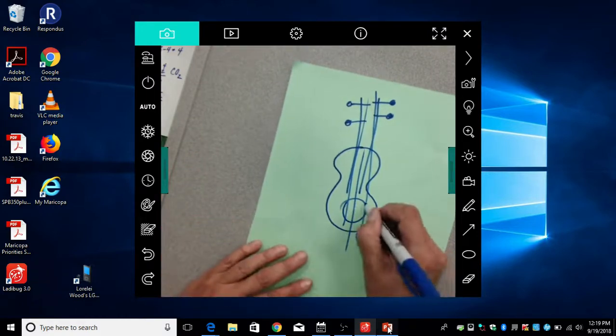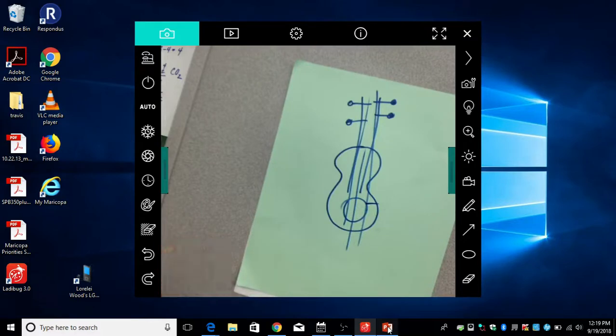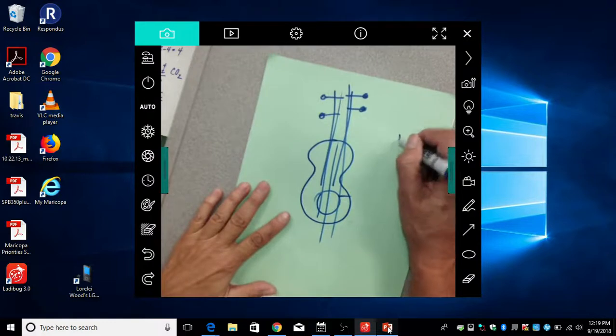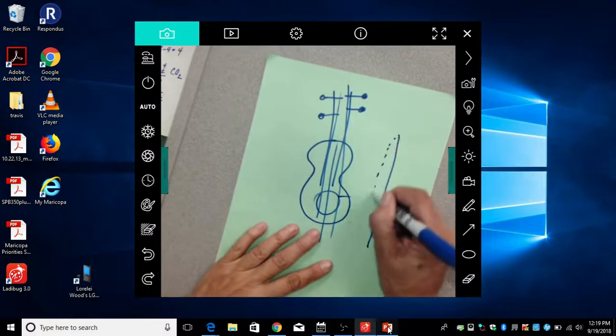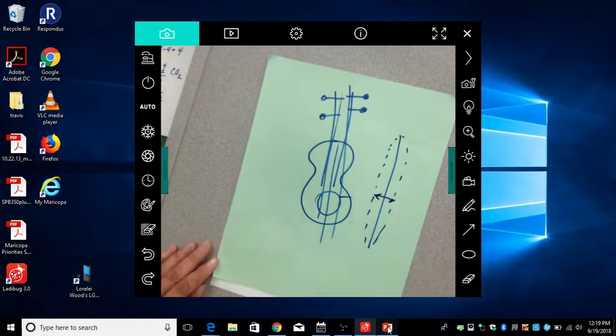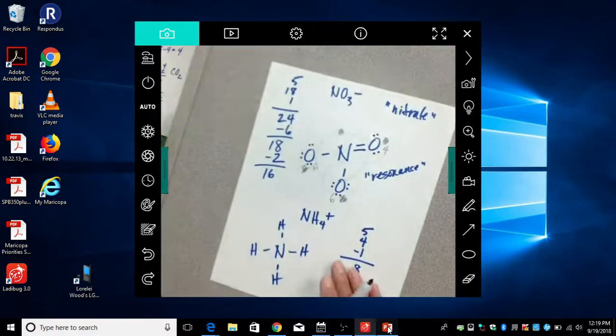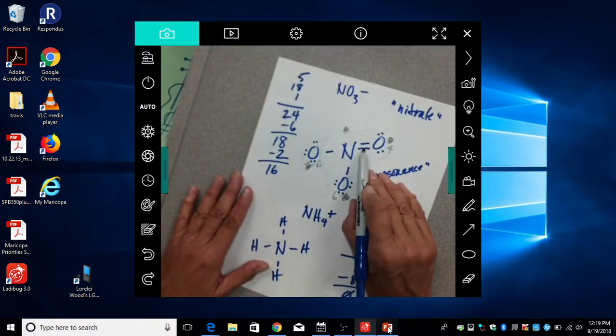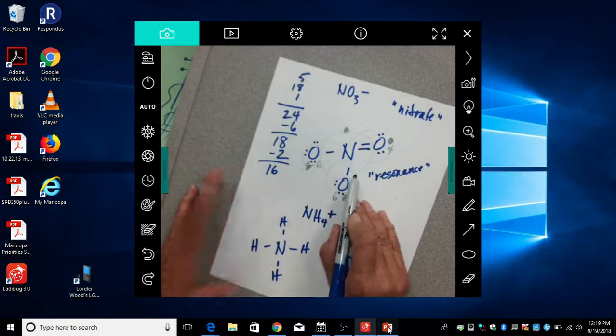So when I pluck one of these strings, what happens to it? Back and forth, right? The vibration is what makes the sound. So we pluck the string and it goes like that a whole bunch of times. That's the same thing here. It goes back and forth a whole bunch of different times in a single second.